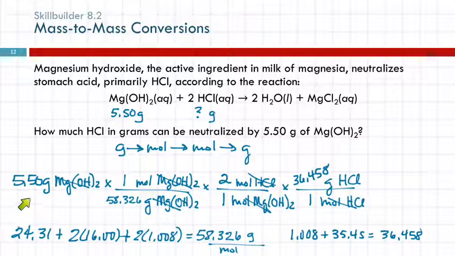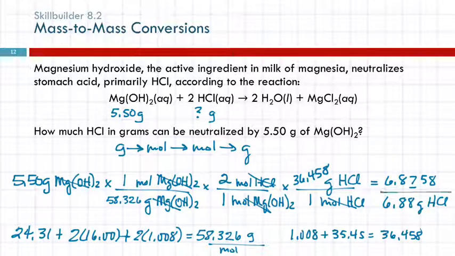Starting number has 3 sig figs, so my result is going to have 3. Write down 2 extras, round it. There we go, 6.88 grams of HCl.